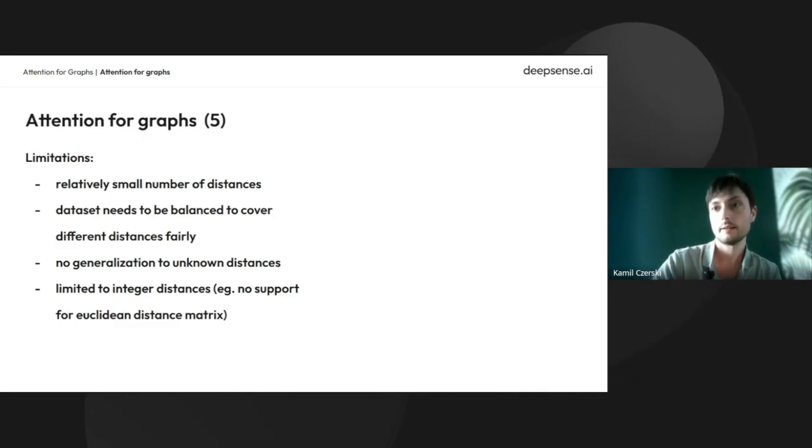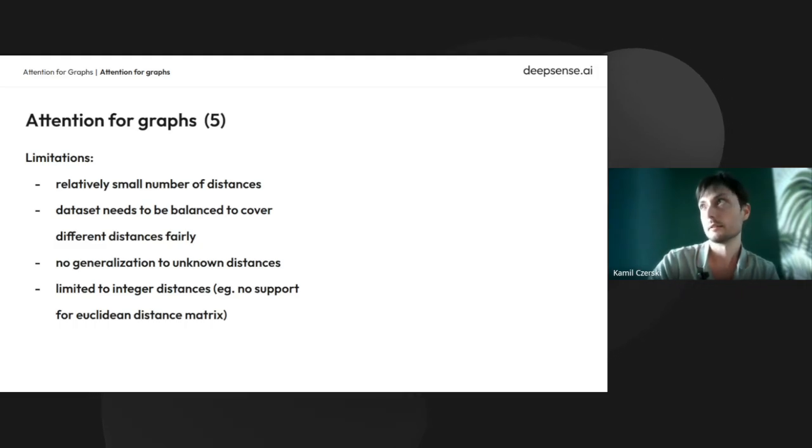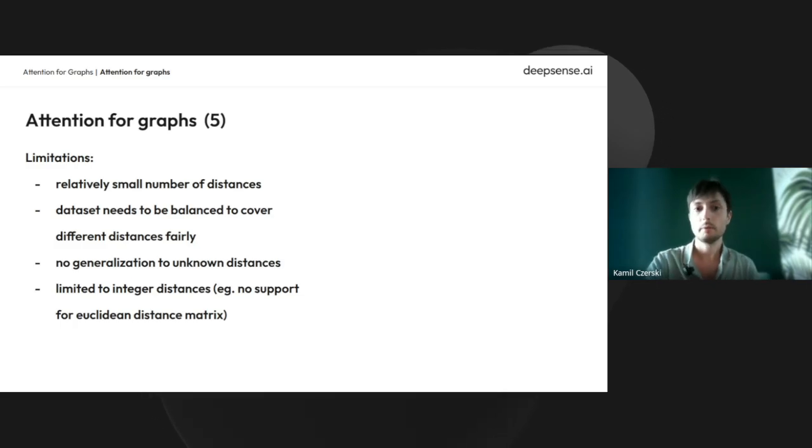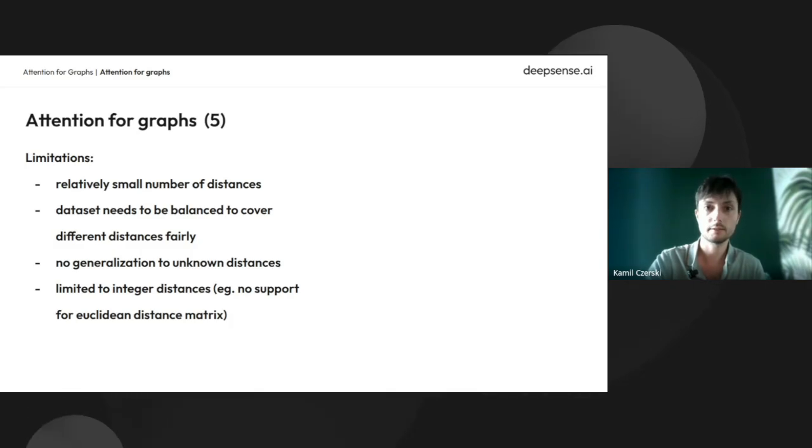Also, let's look at the practical training side of things. The dataset needs to be a bit balanced to cover distances fairly. Imagine that some distance is not present in the dataset at all. Then the bias matching that distance will keep the value it was initialized with at the beginning of training. It will not train at all.